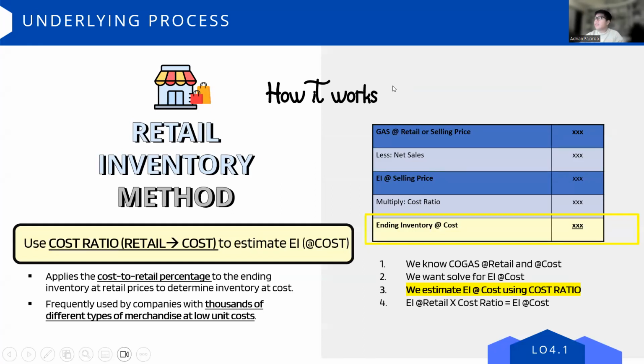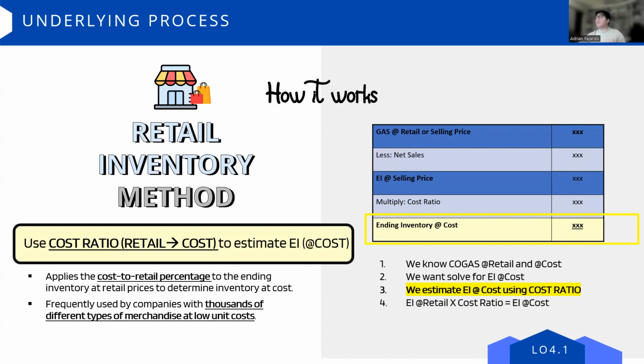So, yung cost flow will give you something like this. You will solve your COGS the same way, whether it's cost or at selling price. So now that you have your goods available for sale at retail price, ang isusubtract natin rather than COGS would be our net sales. Kasi at least alam natin what the net sales would be.